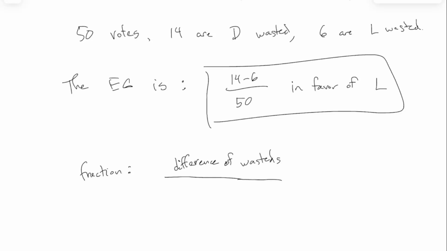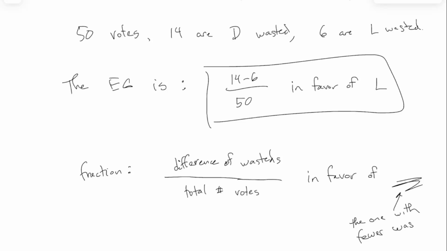And then the bottom is the total number of votes. This is how you do the fraction. And then you always say, together with that, in favor of whatever. And what goes here is the one with fewer wasted. That's the one that's benefiting, the one that is wasting fewer.